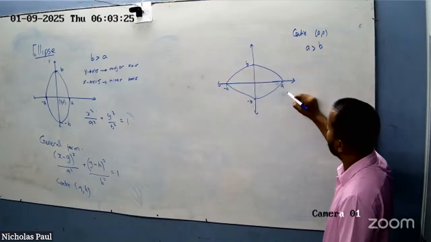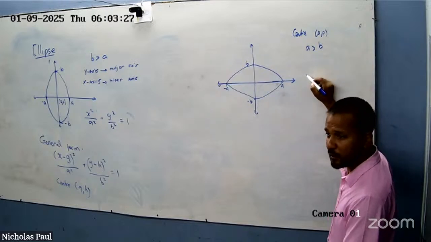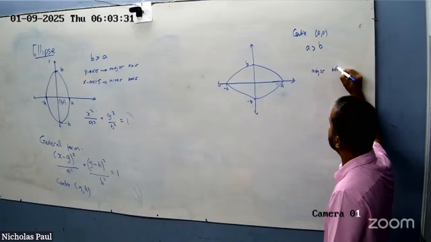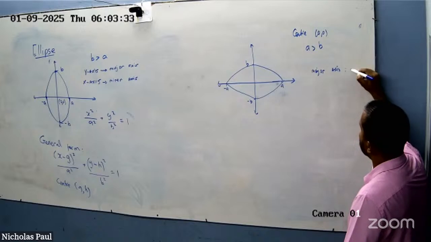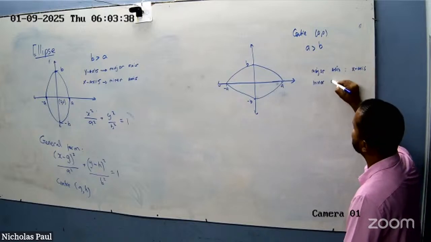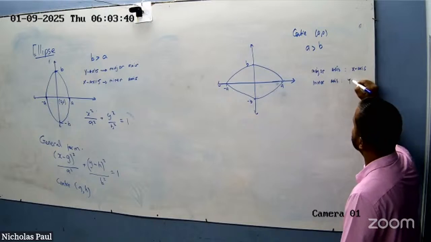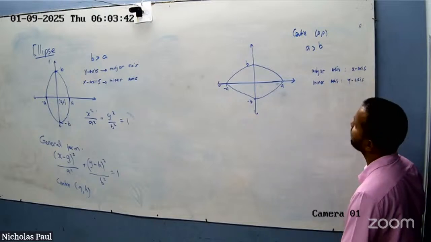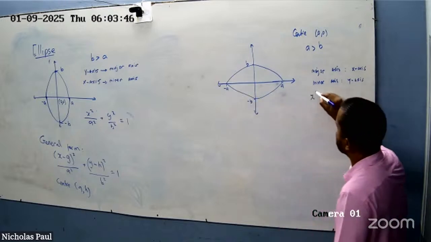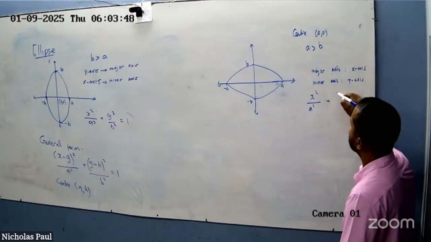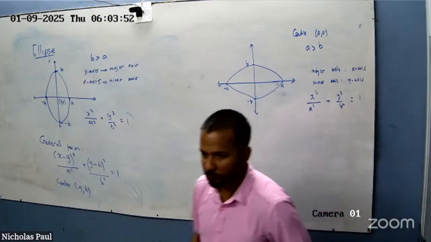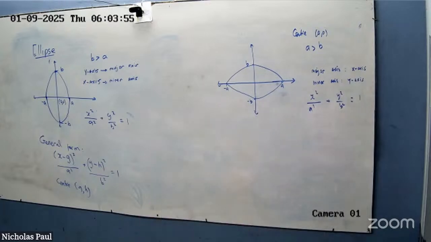But here, same equation, except that the major axis is which one? X. The major axis is the x-axis, and the minor axis is the y-axis. Same equation: x squared over a squared plus y squared over b squared is 1.